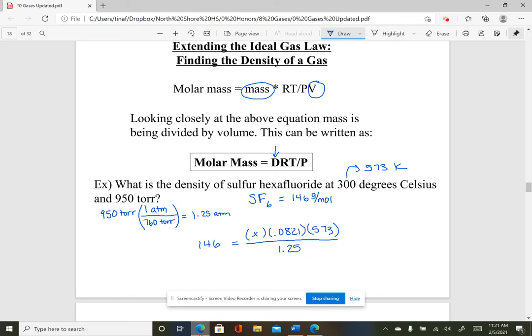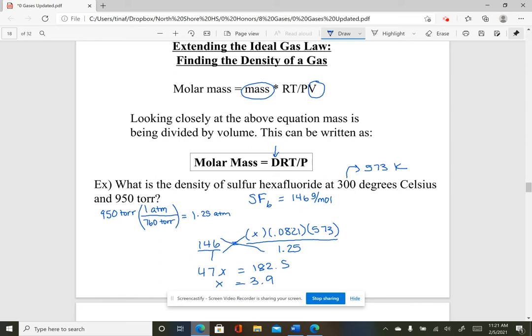If I cross multiply, I got 0.0821 times 573, so I got 47x equals, cross multiply, 146 times 1.25 equals 182.5. If I divide by 47, I get 3.9. And now I solved for density.